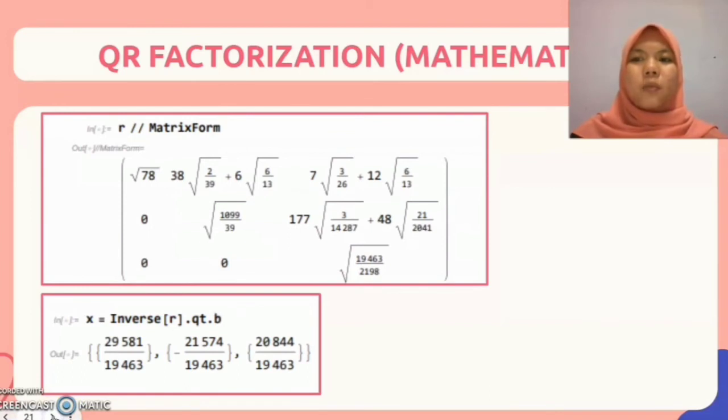Then we insert input R also to get the output in the matrix form, and the output given is a 3x3 matrix. And then we want to get the value of x. We insert input x equal to inverse R multiply with QT and multiply with B.